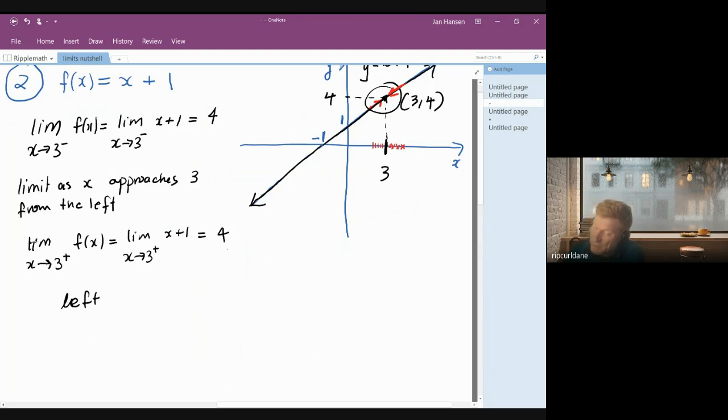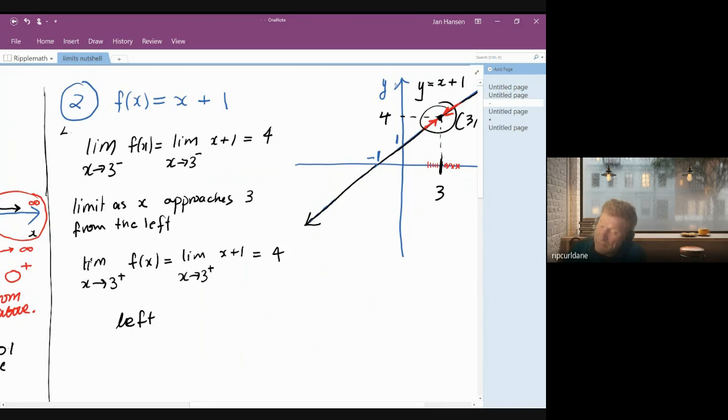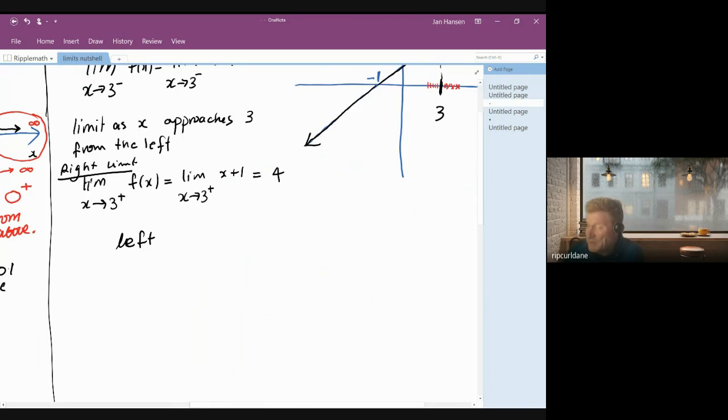This one's the right limit. Did I define that up there? This one is the left limit. And this one is the right limit. Okay. So the left and the right limits are equal.